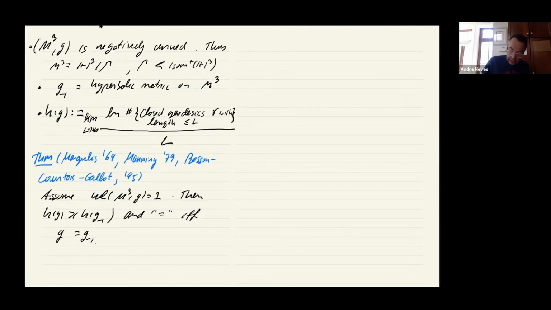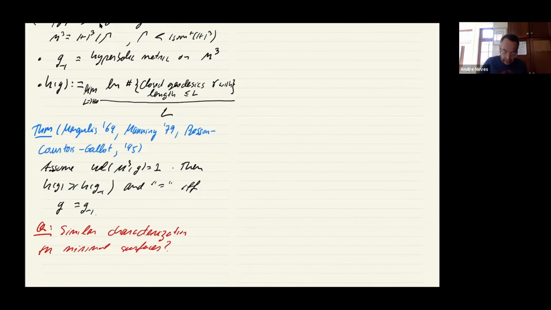So the question I'll talk about for the next 50 minutes is whether a similar rigidity, a similar characterization, holds for minimal surfaces.